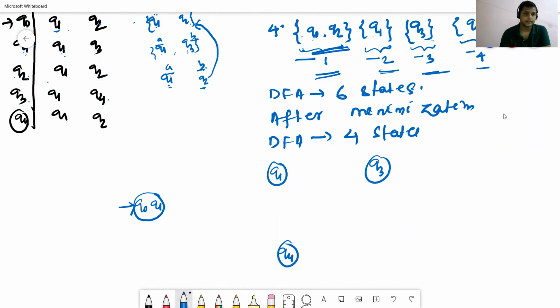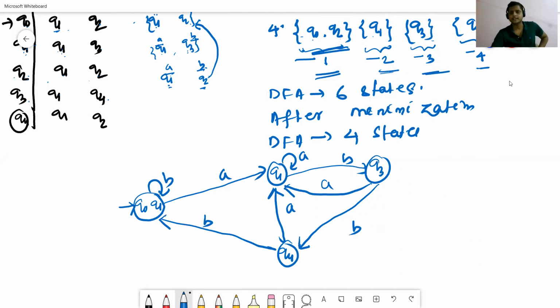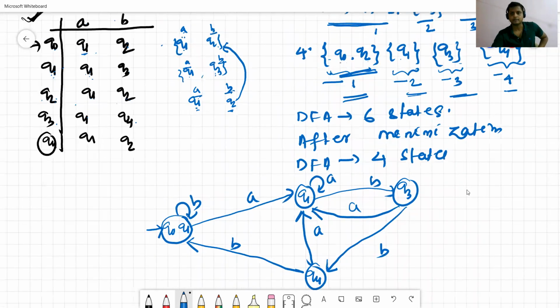Okay, this is B, this is A, this is A, this is B, this is A, this is B, this is A, and this is B, right? It is simple, it's not difficult.